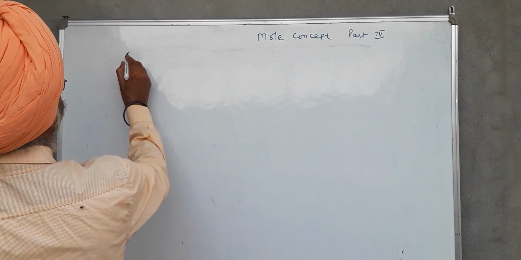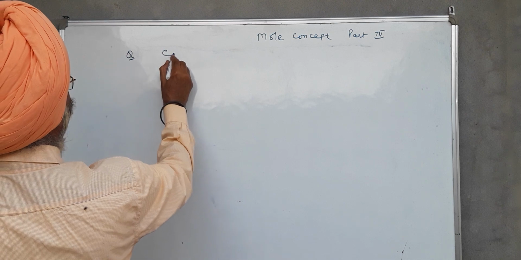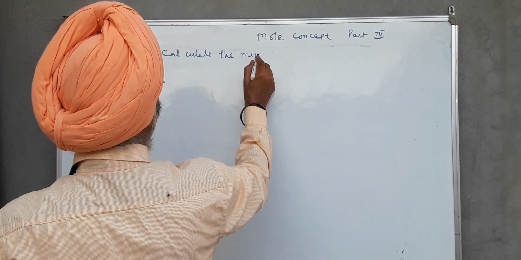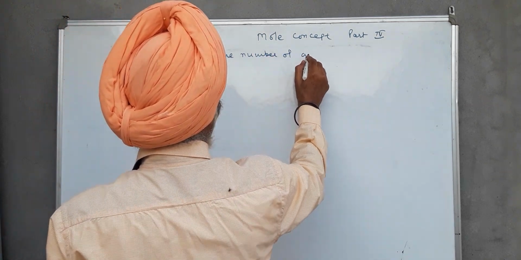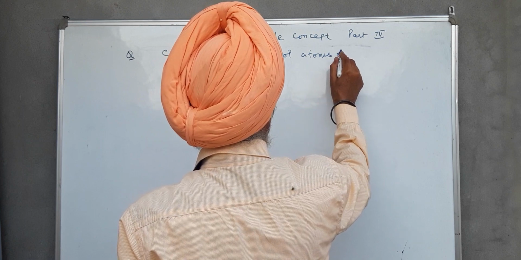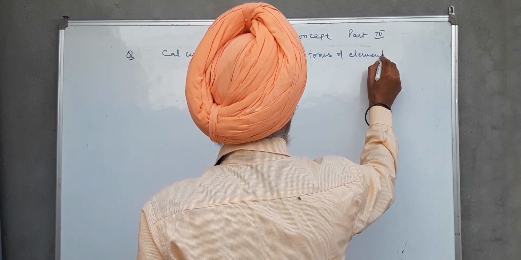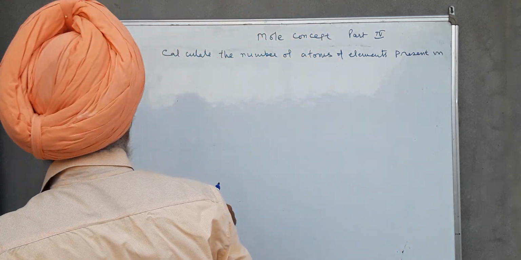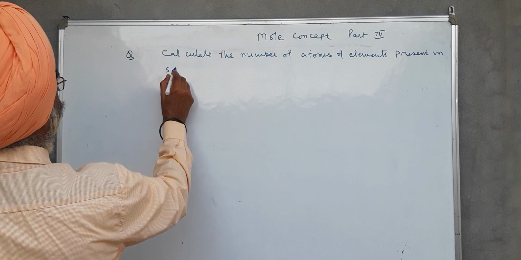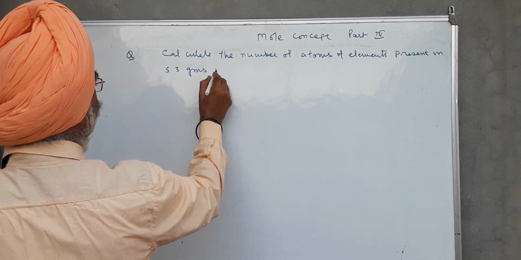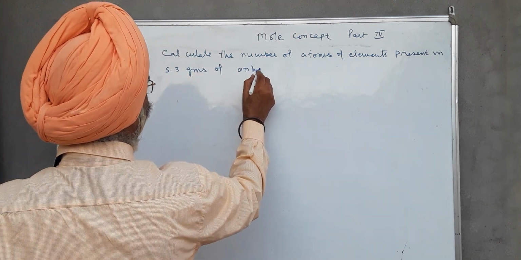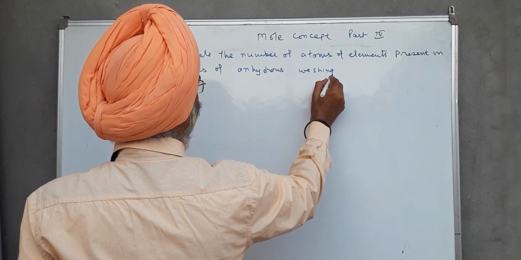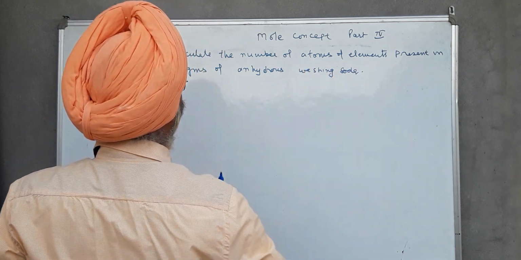For example, the question is: calculate the number of atoms of elements present in 5.3 grams of anhydrous washing soda. Anhydrous washing soda.